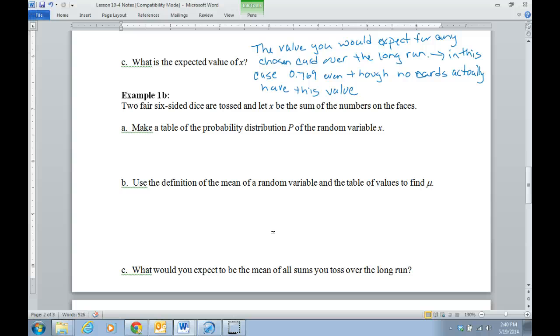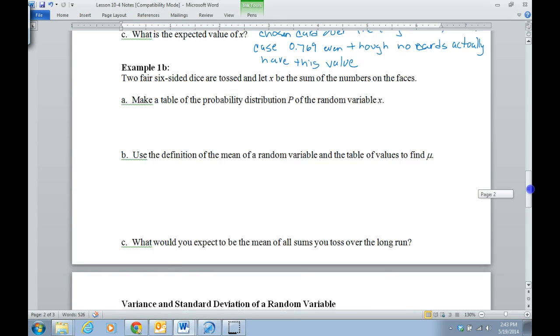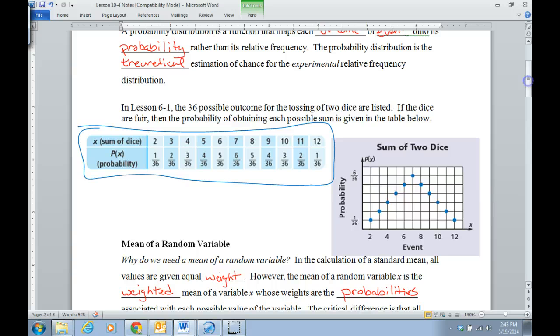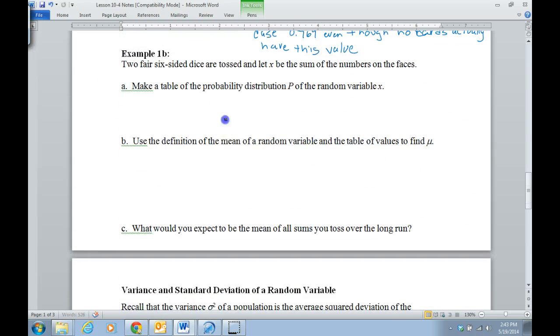All right, go. Okay, so basically to make this table, you can copy down this exact one right here, the same exact table from page 1. I'm not going to take the time to copy that right now, but you need that for this right here. Now, the next part says use the definition to find the mean.